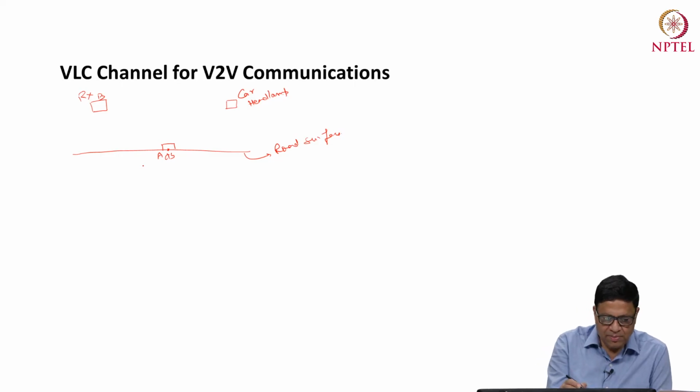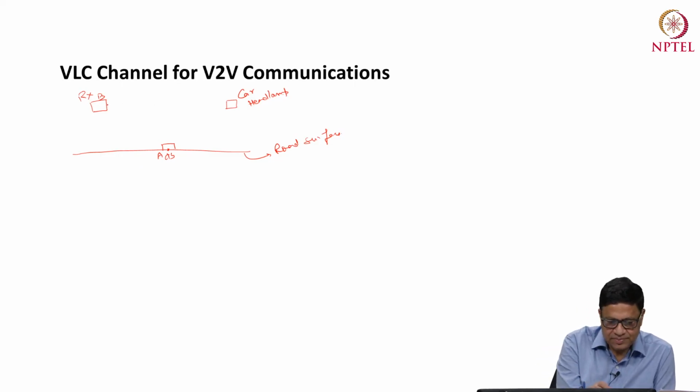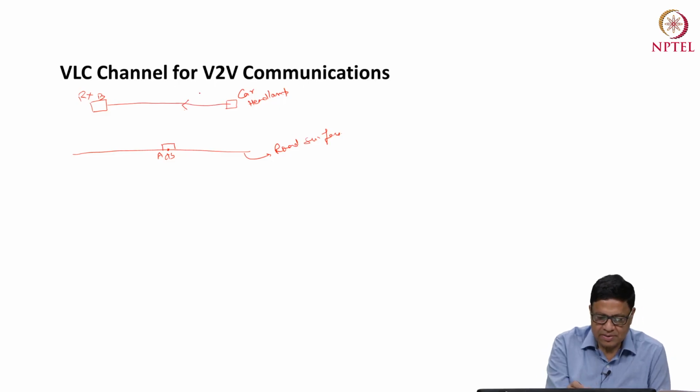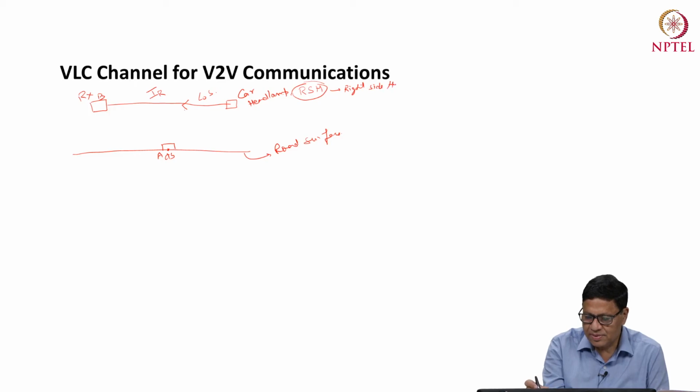So there will be a line of sight. This is line of sight. And this is R. I'm considering, for example, the right side headlamp, RSH. I'm just considering right now only the right side headlamp.